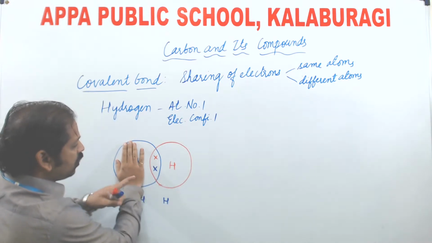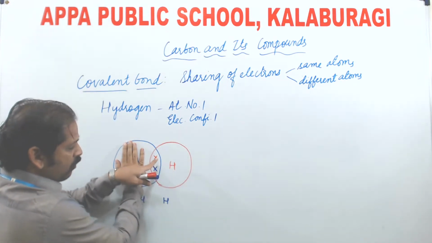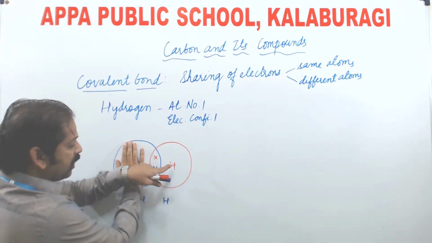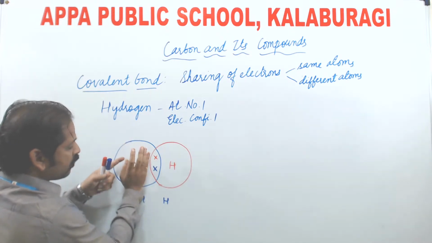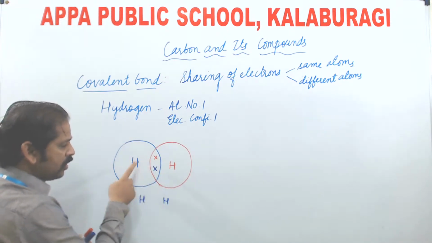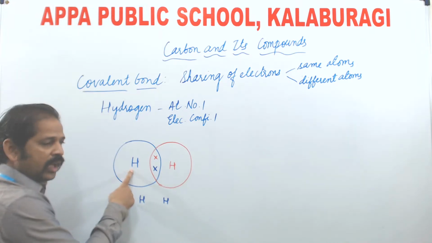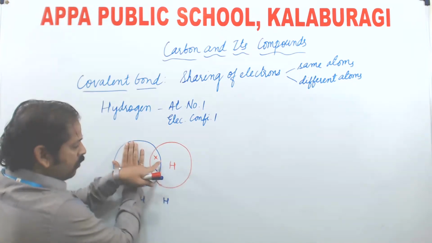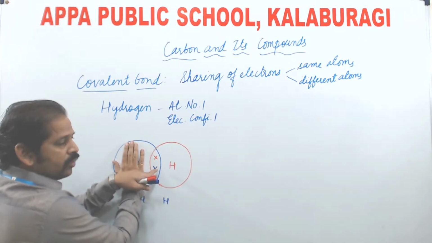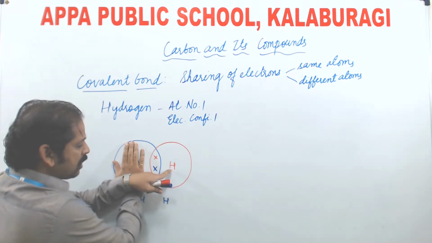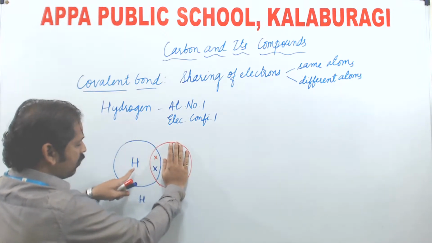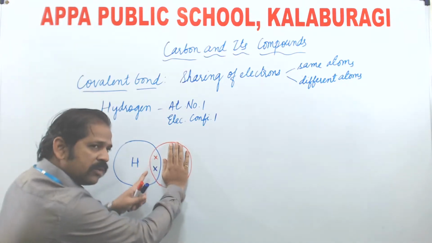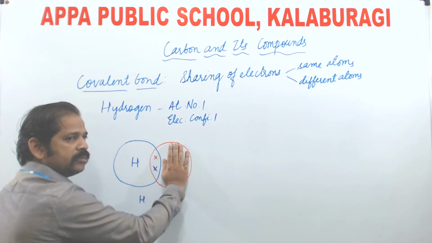This hydrogen was having one electron and now it has become two electrons by sharing its electron with this hydrogen. So even this hydrogen has become a duplet structure, two electrons. And if I open this and close these electrons, yes, even this hydrogen has become a duplet structure.